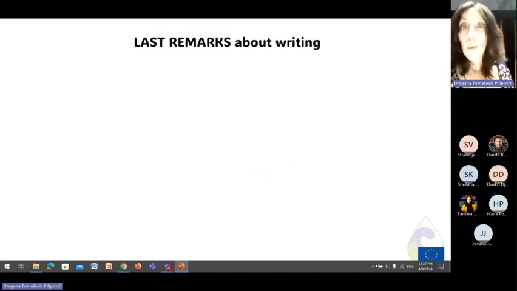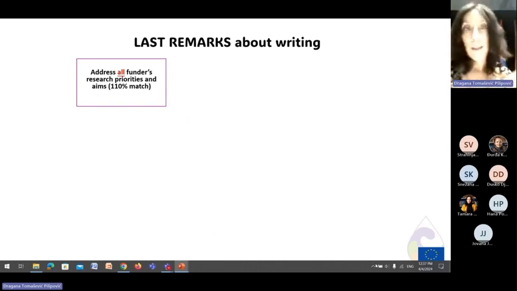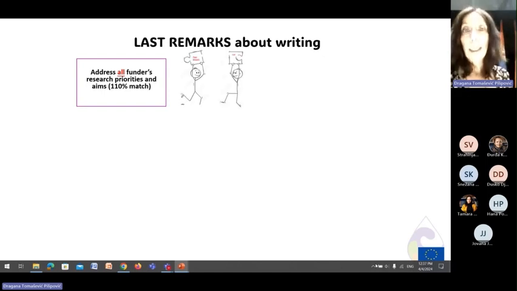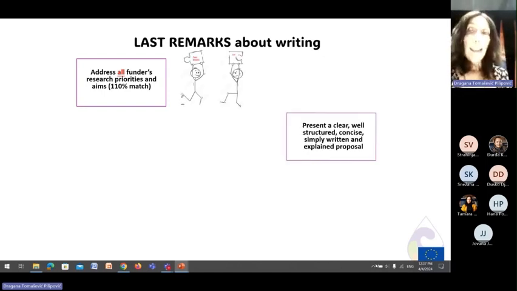Right. So, last remarks. This is something that I talked about a lot yesterday. You have to match all the requirements of the call and read all the requirements, because we have just seen that it is very important. So it should be a perfect match. Present a clear, structured, concise, simply written proposal. Don't complicate yourself.